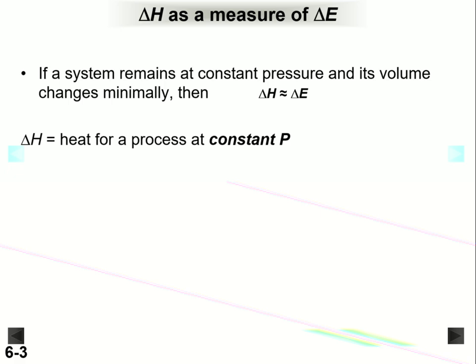But in general, the heat for a process at constant pressure is equal to delta H. So delta H sub P is equal to Q sub P. That was our big conclusion. So that gives us some sort of feel for what this enthalpy is. What is enthalpy? Heat at constant pressure.